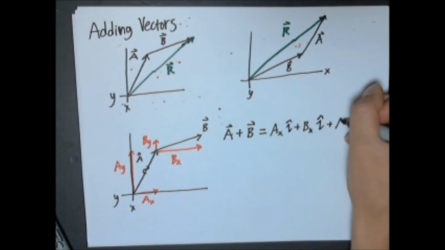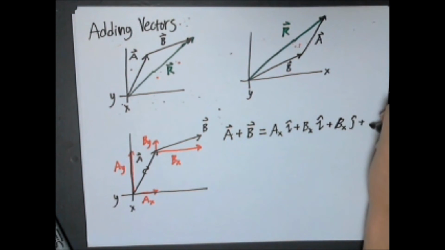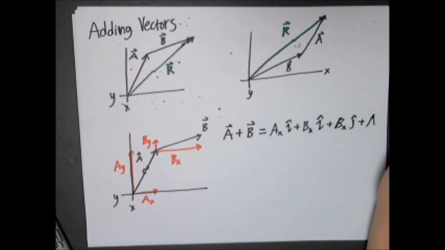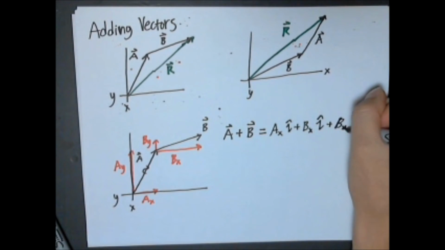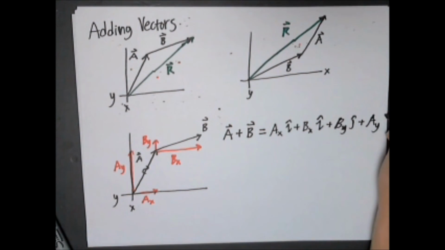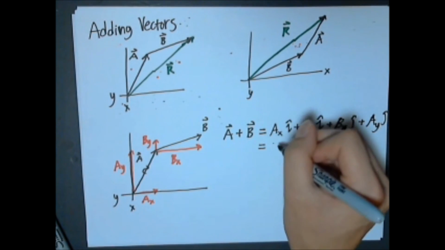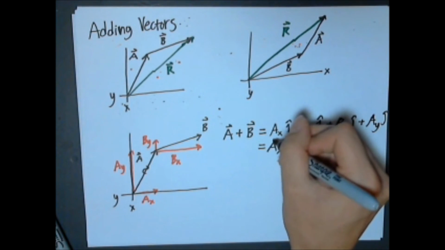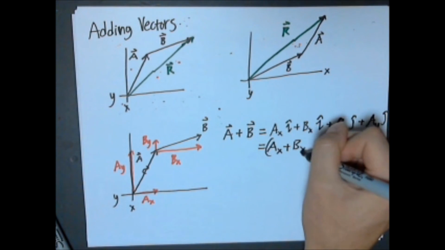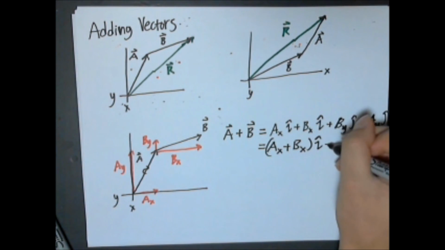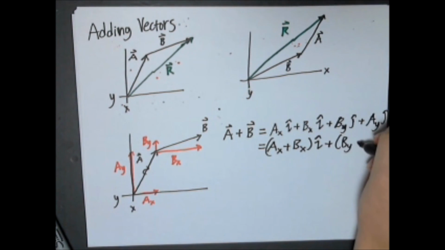Then we have b sub y j hat plus a sub y j hat. And that can simply reduce into a sub x plus b sub x i hat plus b sub y plus a sub y j hat.